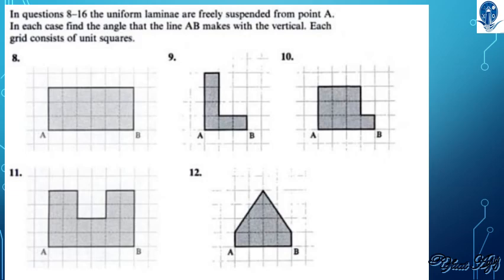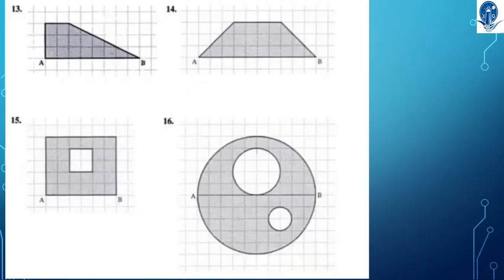Here is a body. You will find the center of gravity of each part, and then it will be suspended from the point A. You will find the center of gravity of the whole figure. Here is the same, and so on. This is a trapezium, and this is also a right trapezium, a square, and here a whole square, a circle.